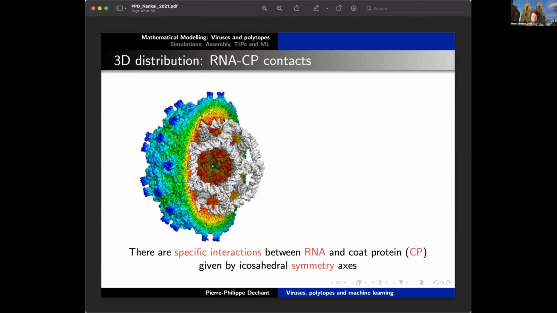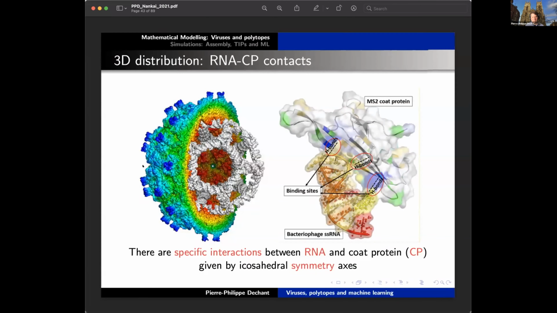And it turns out some viruses have an icosahedrally ordered component of the RNA inside, and that's quite surprising because we always thought that it would be disordered. It would just be shoved in there any old way. And why there is a remnant of icosahedral symmetry in there was a bit of a mystery. And you see this beautiful dodecahedral cage of RNA sitting inside this hemisphere of the capsid.